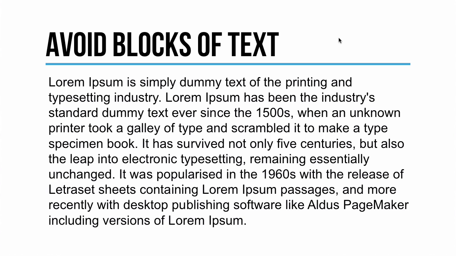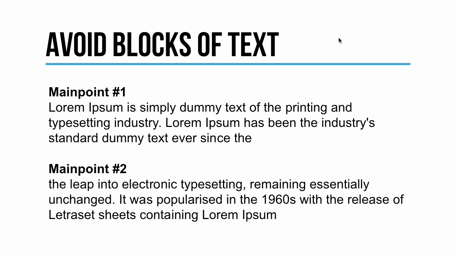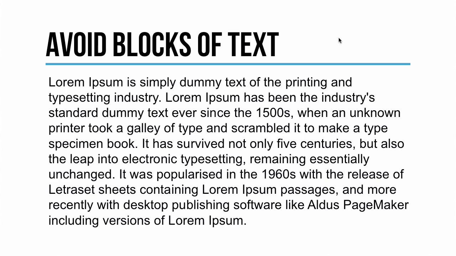Another thing you want to keep in mind is you want to avoid blocks of text. So right here, I have a huge chunk of text, and it just looks intimidating. It doesn't make me want to read it at all. But if you compare that with more organized text, then it's clear that I would much rather read this text in this format as opposed to this long chunk of text.